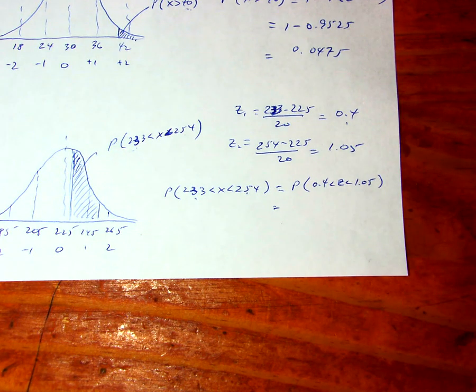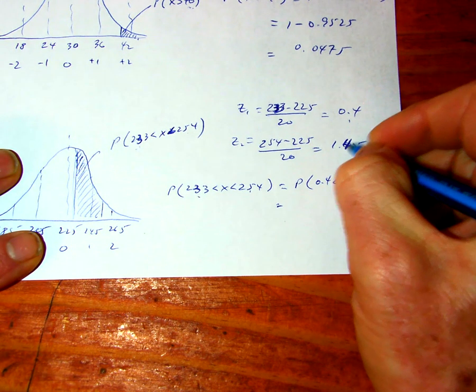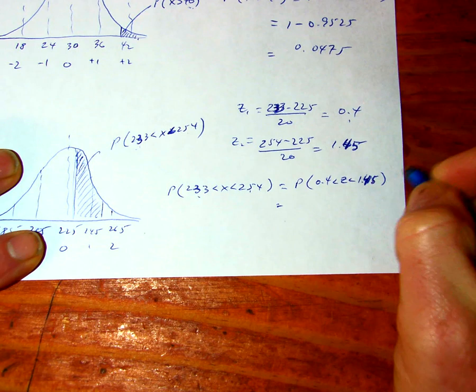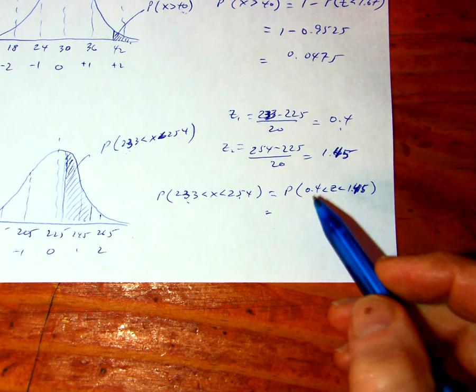So the z-score for the second one is wrong. It's 1.45, not 1.05. Perfect.